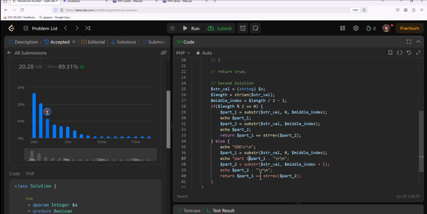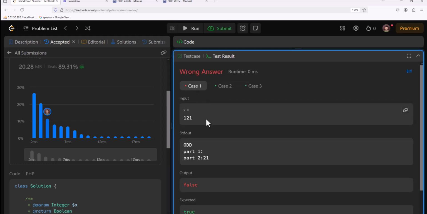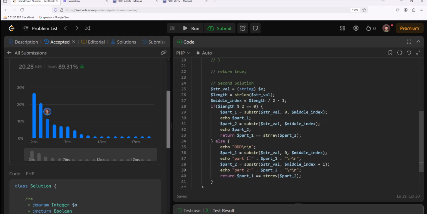Part 1 is this. Part 2 is this. Okay, let me check. Part 1 is nothing. Why? 0 until middle index.